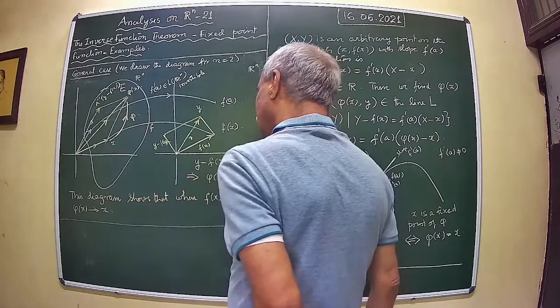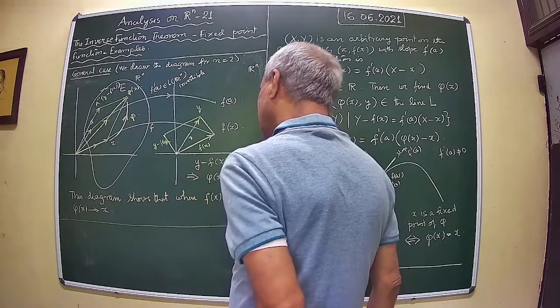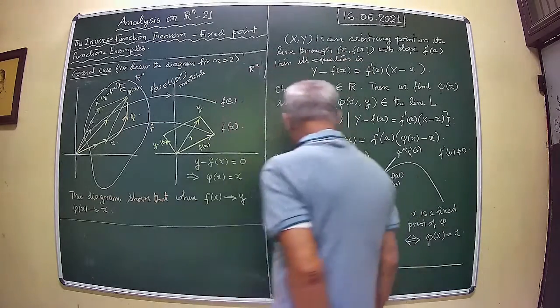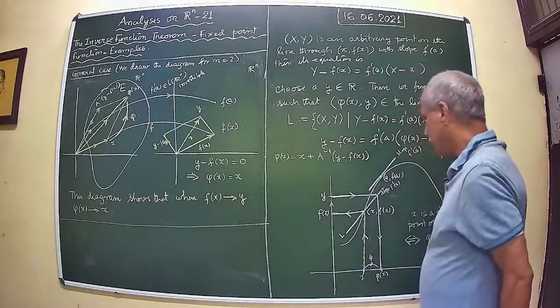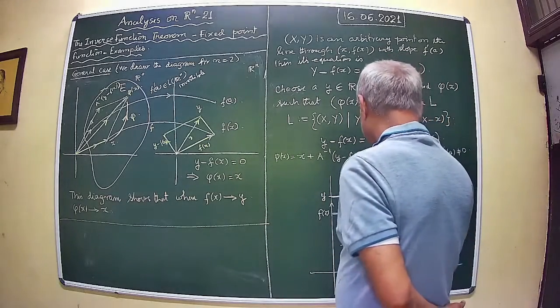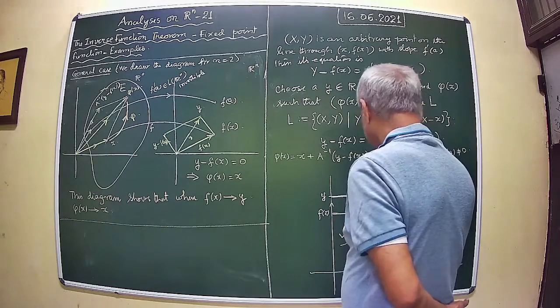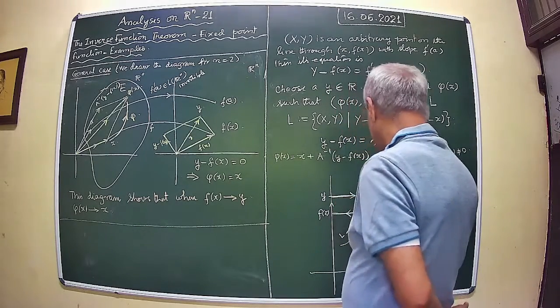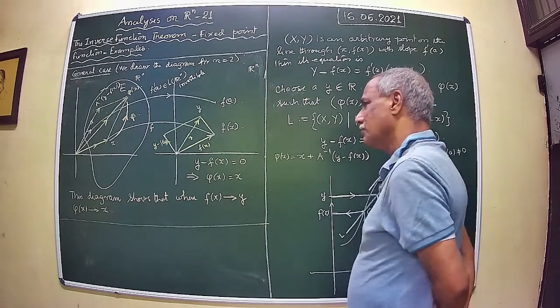Now suppose we choose a y at fx, then you are going to get phi x equal to x, as you can easily see. When this one shrinks to 0, this also shrinks to 0.